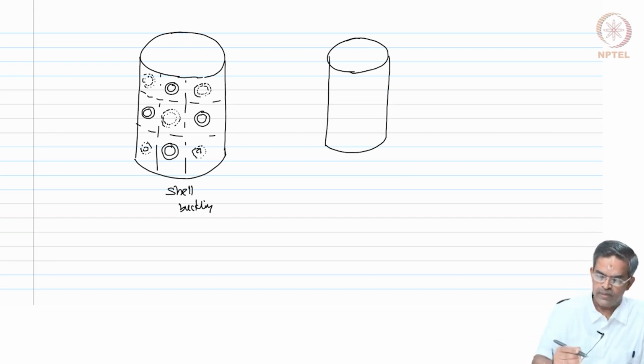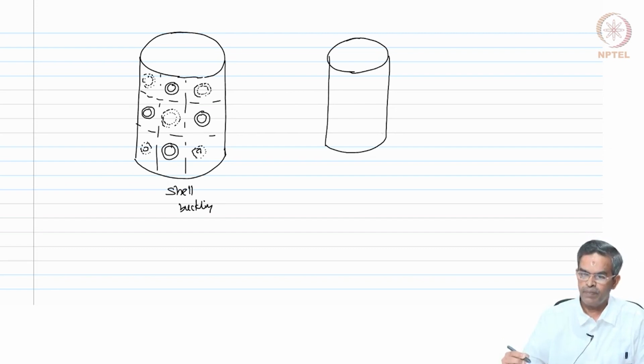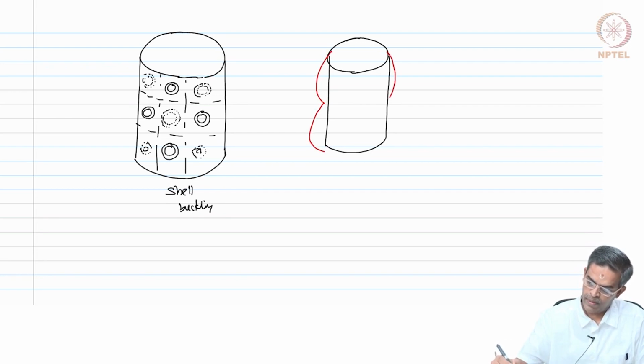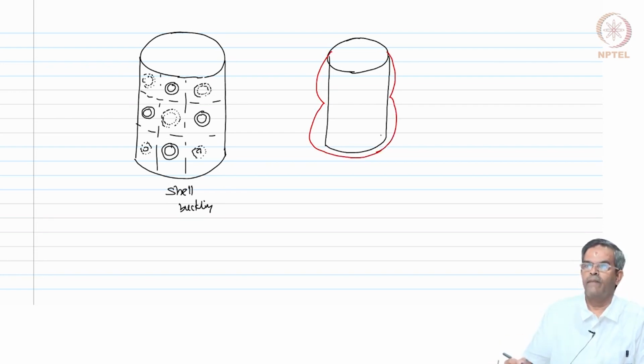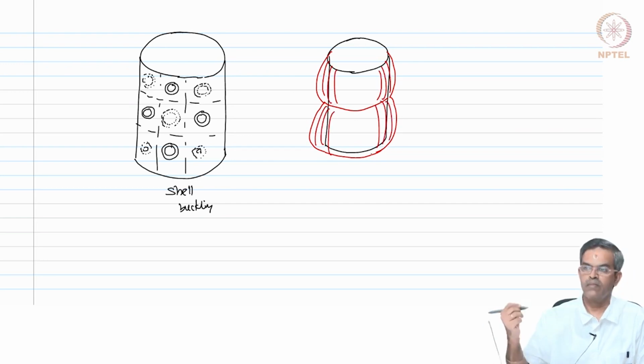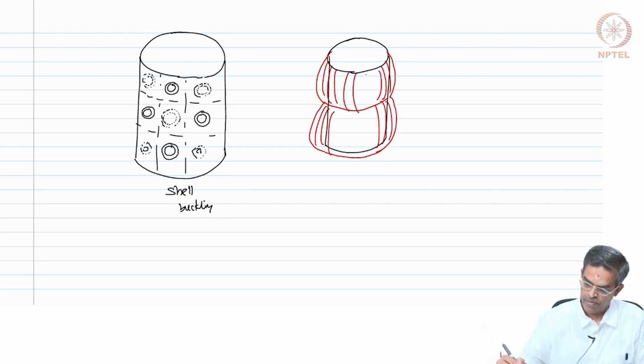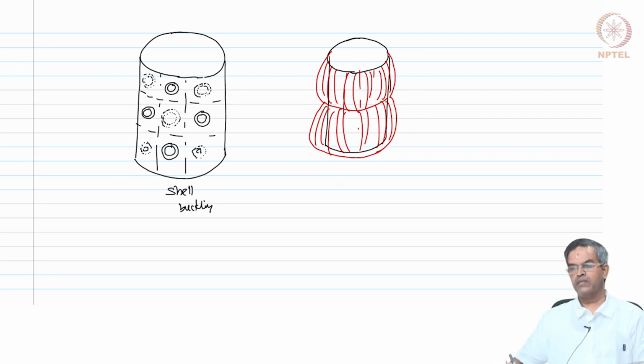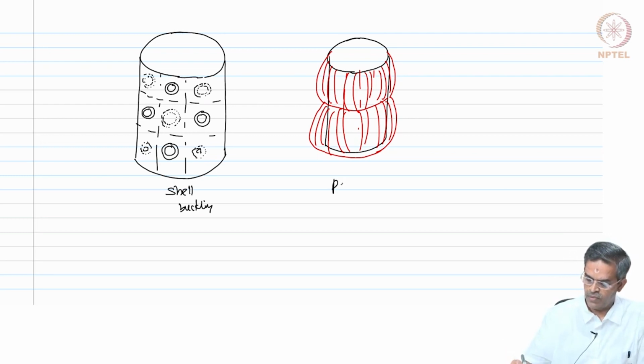Now, what happens in this case is the panels will start buckling, and again there will be, on different layers, compression and tension. So, this is panel stiffener buckling.